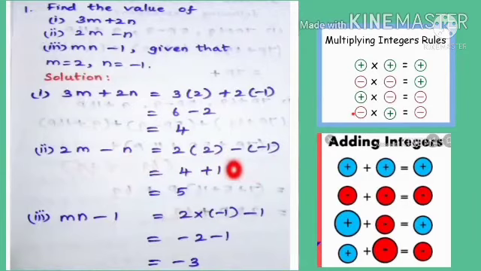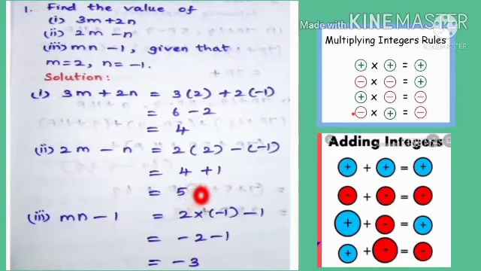Now using multiplication of integer rules, here 2 into 2 is 4. But here minus into minus, we are using the multiplication of integer rules. That is, the product of two negative integers is always a positive integer. That is, minus into minus is plus. Same signs positive, different signs negative. So, don't forget that. So, here 4 plus 1, which is 5.